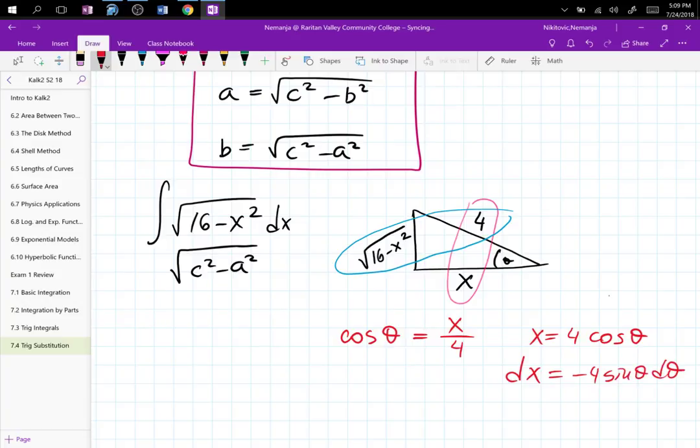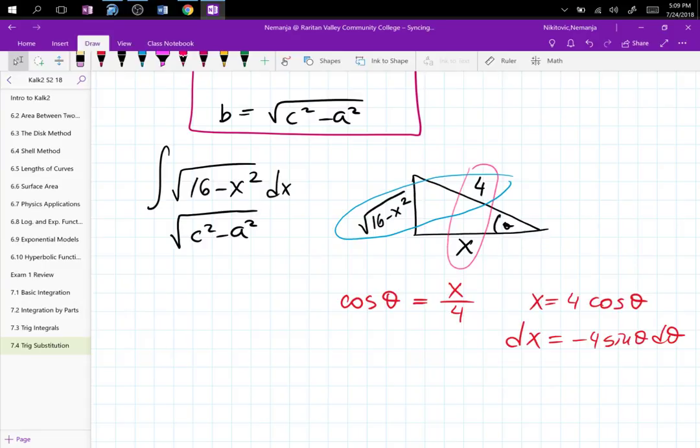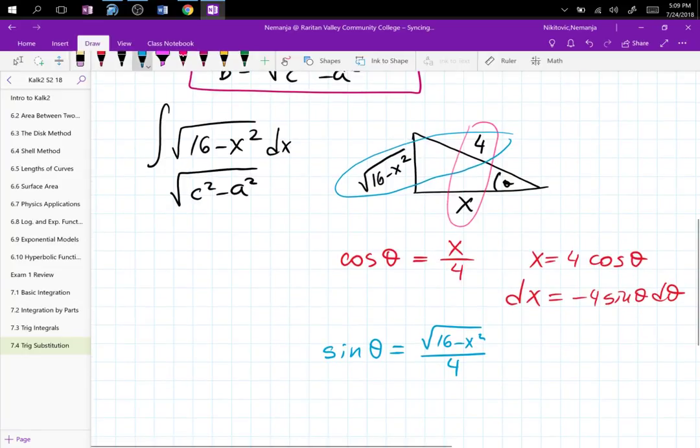Now the blue trig equation is going to be sine, because sine is opposite over hypotenuse, and that gives me the square root of 16 minus x squared divided by 4, from where you can solve for the square root: the square root of 16 minus x squared is equal to 4 sine theta.